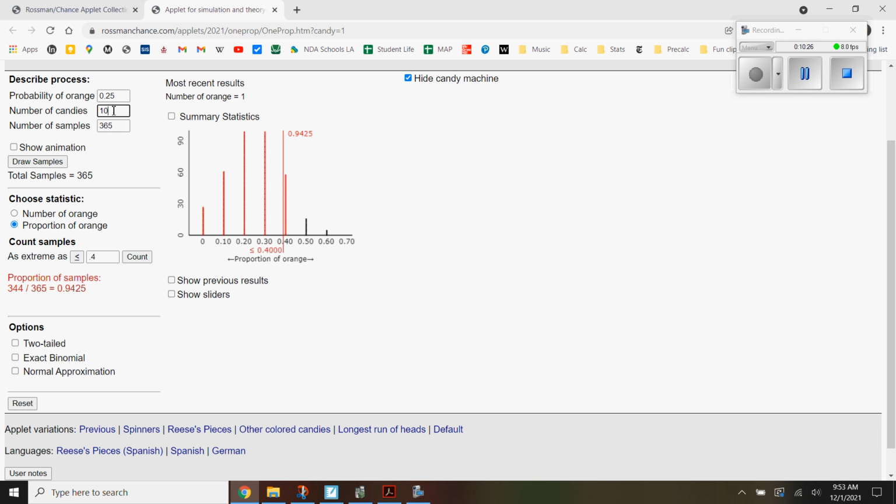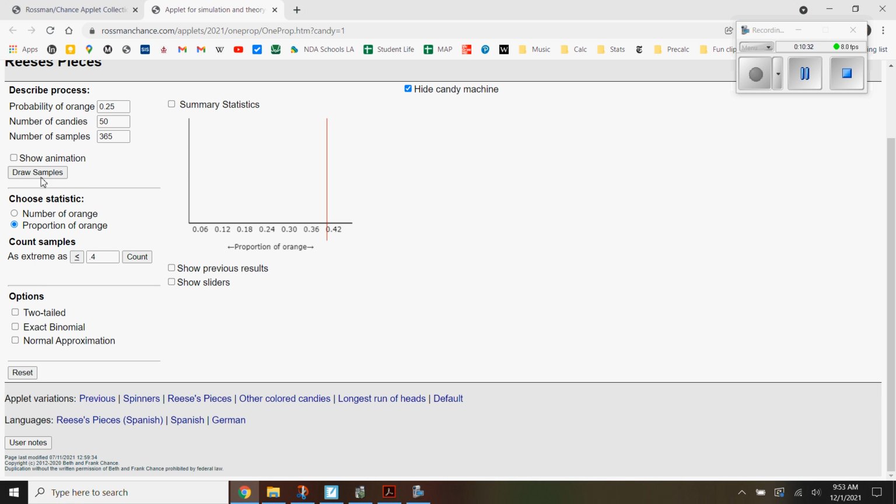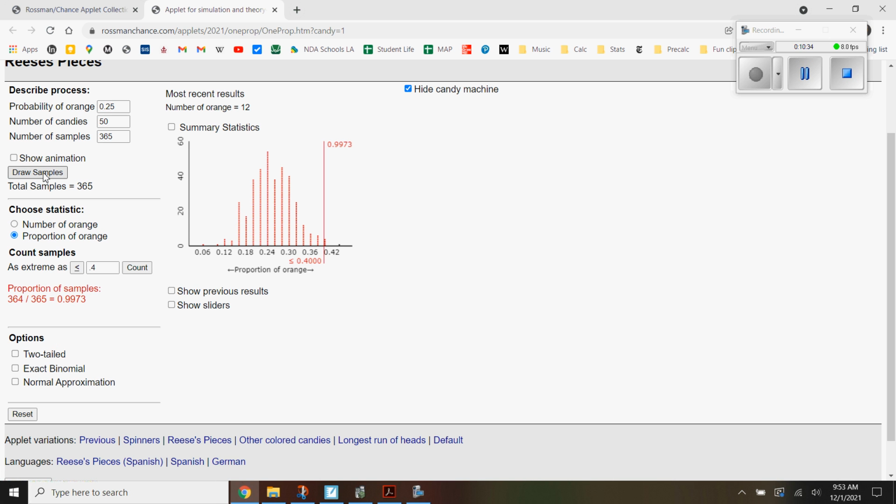Let's take a look at Hospital B, 50. And I'm going to draw the samples here. Wow, Hospital B, almost 100%, 99.73% of the days had less than 40% of the babies born Hispanic.